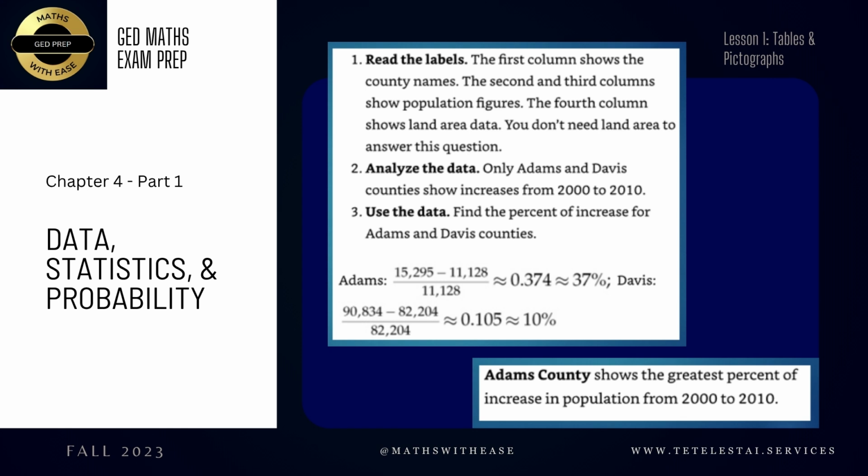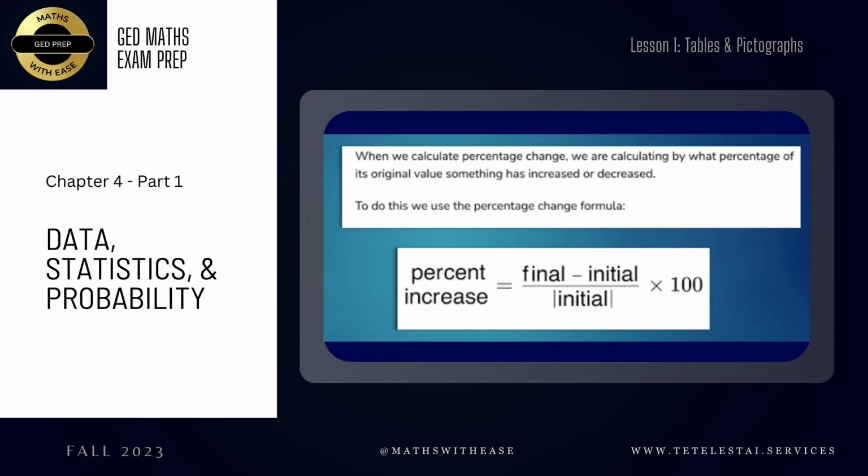Okay, and then once you've done that, you go ahead and analyze the data and use it to find the percentage increase. Since we've already determined that Adams and Davis County are the only two counties that showed an increase in population from 2000 to 2010, we can start with Adams County. And if we remember our formula, the percentage increase equals the final minus the initial over the initial times 100.